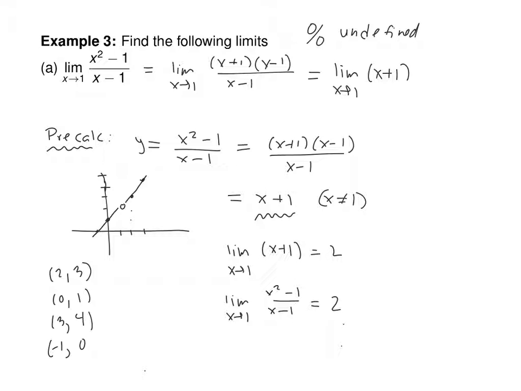And then you can just plug the number in. And so what's that limit going to be? 2. So in that particular instance, 0 divided by 0 was 2. But the technical reason is because of those functions being equal everywhere except for one point.